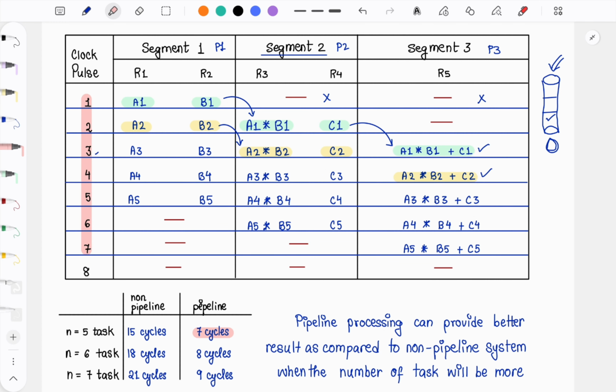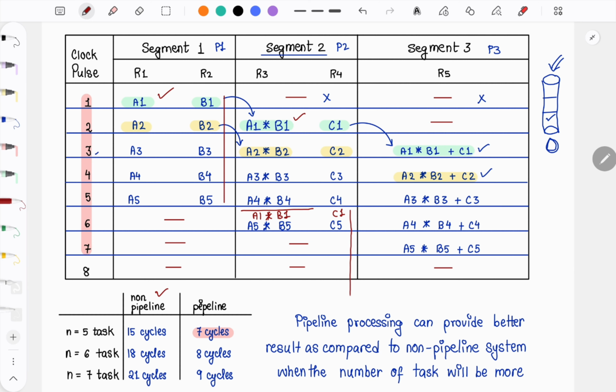If it was a non-pipeline system, in that case we would have to wait for the output from the first segment once he has done all the tasks. For example, he is doing this task and then simultaneously passing this on to segment 2. But in the non-pipeline case, he will perform all these 5 tasks, and only then will A1 into B1 and C1 happen from here. A similar thing will happen with segment 2.